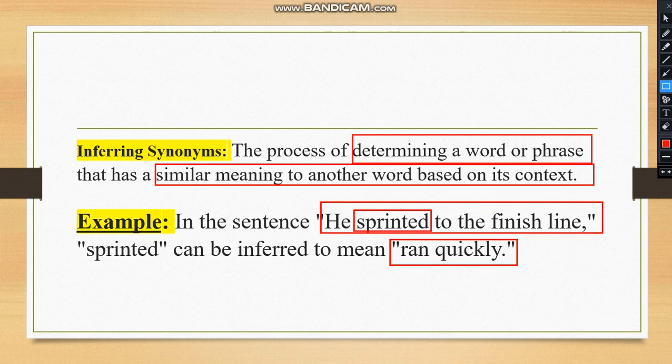He has to sprint. So we can guess here, using our common knowledge and the context given, that somebody ran quickly. But you can see the text doesn't mention what the word sprinted means. So we made an informed guess using our knowledge and the context that's given here.